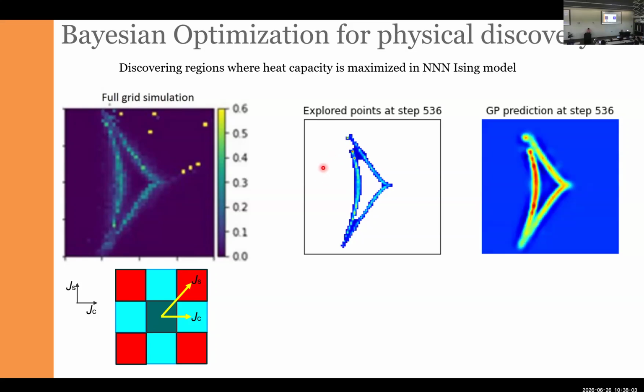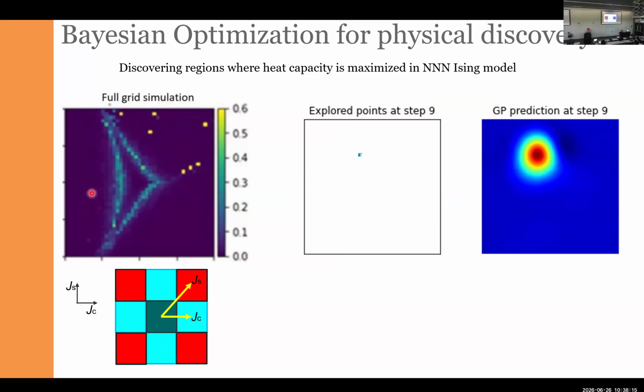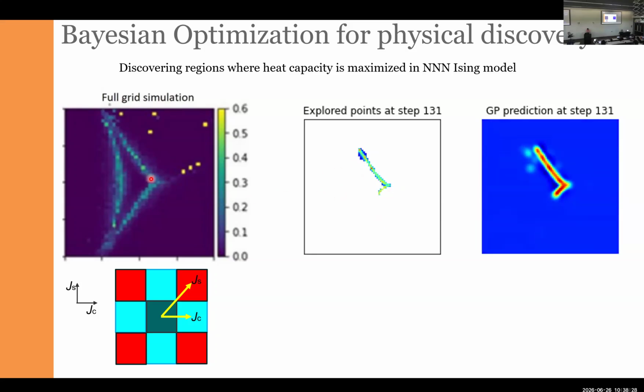The good thing is that for this specific problem, this is almost ideal. You see, I discovered my maximum of heat capacity in a very short number of experiments, so I didn't spend any time exploring these regions. That's good. The bad thing is that if there were some maximum here, here, or here, I would never have found it, because my algorithm is greedy. It sticks only to the vicinity of the true maximum.